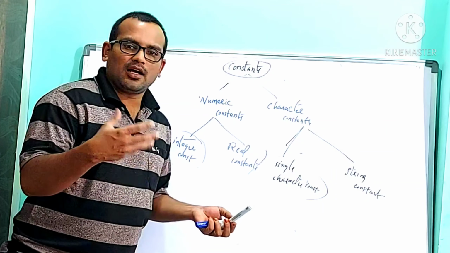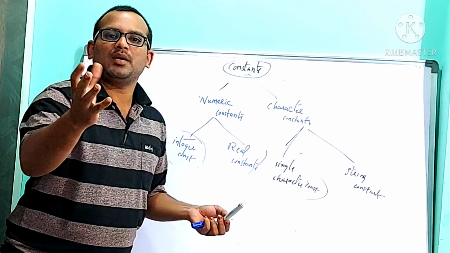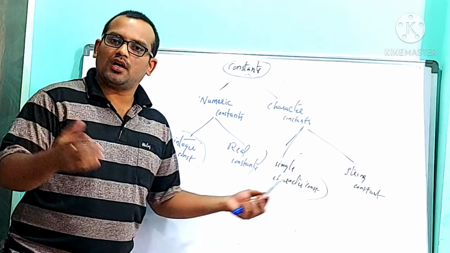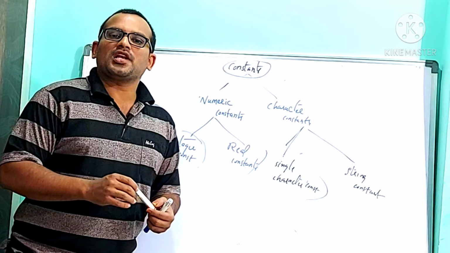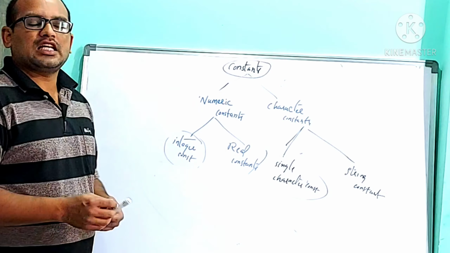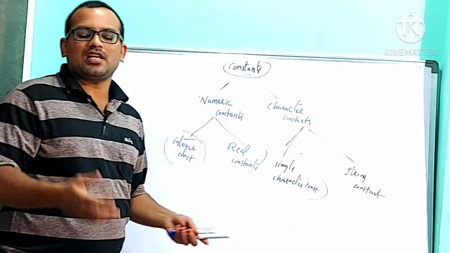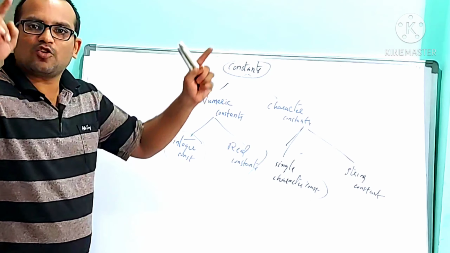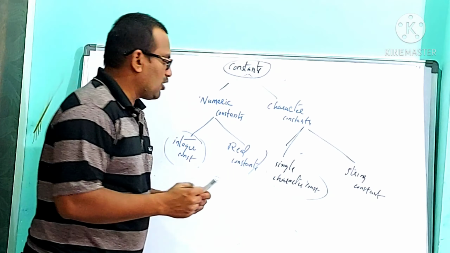Anything which we can see on the keyboard is called a character. It may be an alphabet, a digit like 0, 1, 2, 3, 4, 5, 9, a special symbol like semicolon or comma, or an escape sequence character like slash n or slash t. Any single character within single quotation is called the single character constant.